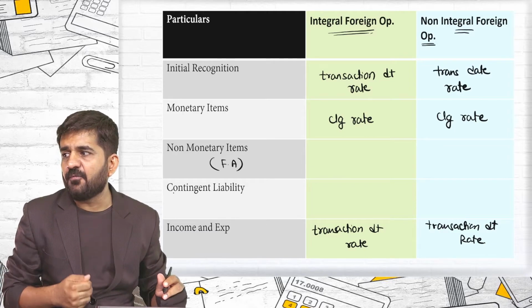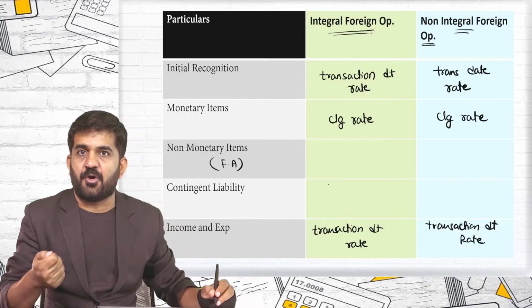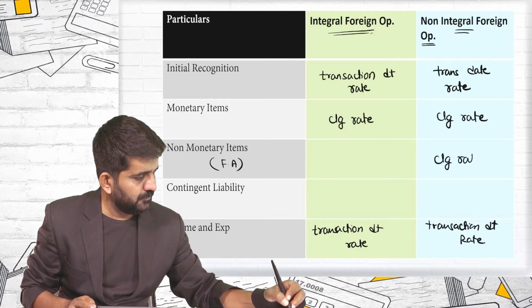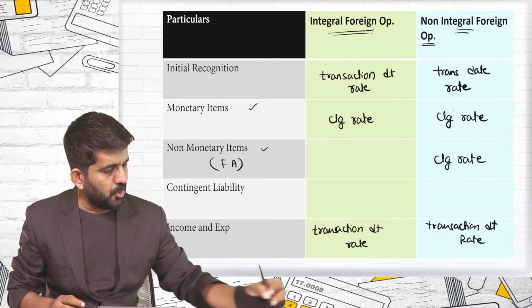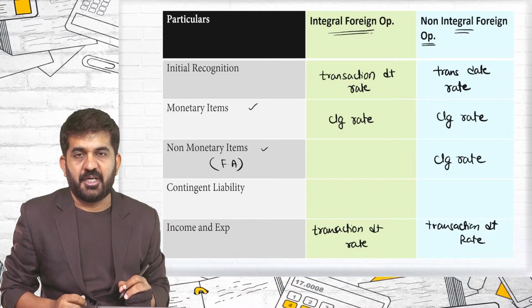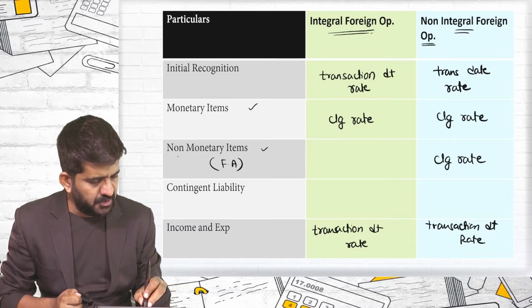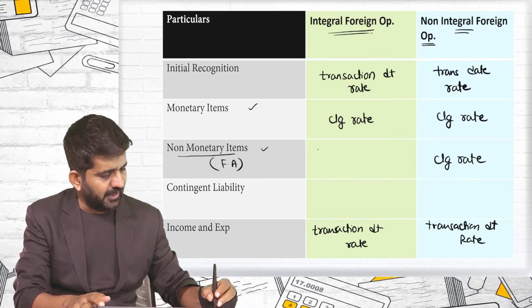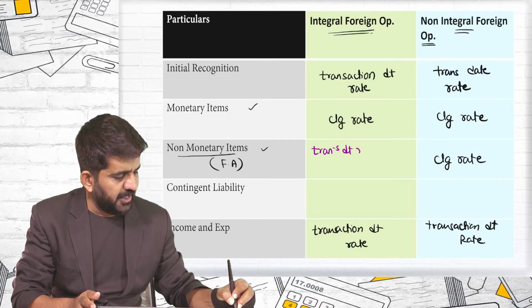In non-integral foreign operations, the rate used is the closing rate. So whether monetary or non-monetary, in non-integral foreign operations, the closing rate is used. But for non-monetary items like fixed assets in integral foreign operations, the rate used will be the transaction date rate.